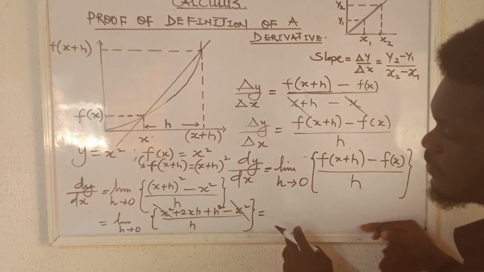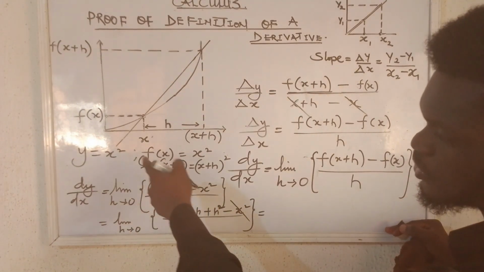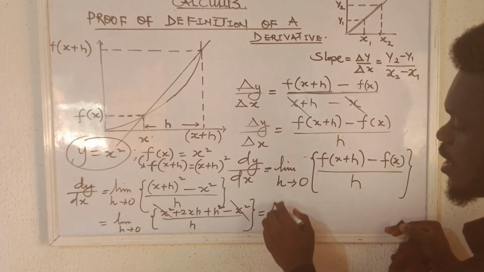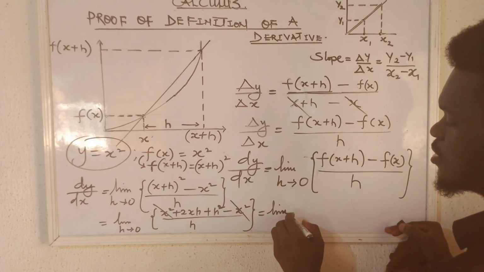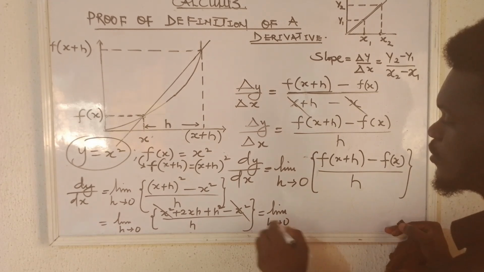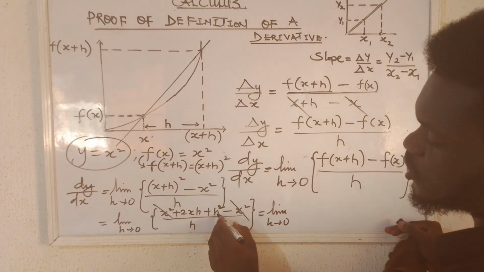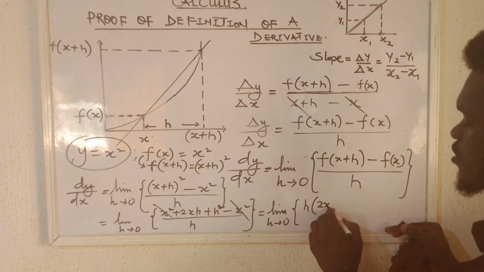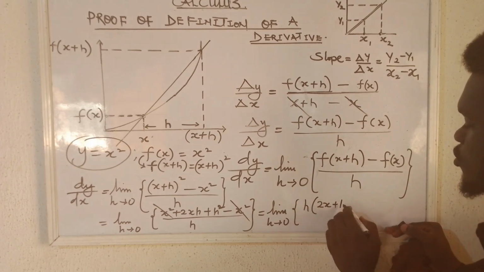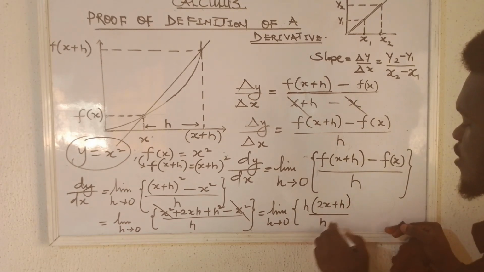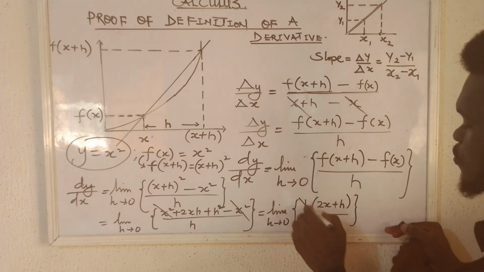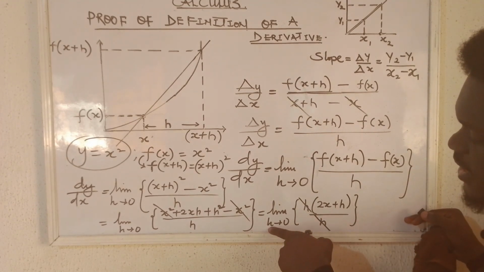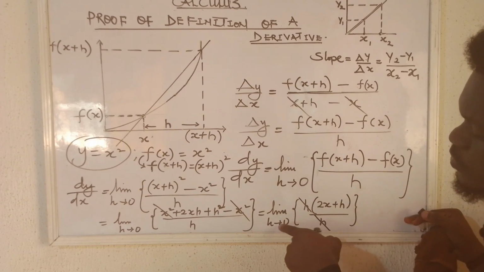I'm just trying to show you a very short way of doing this. So if you factorize h out, you have h times 2x plus h, all divided by h. So h cancels h. Then you can now substitute the value, because h cannot become 0 before simplifying.